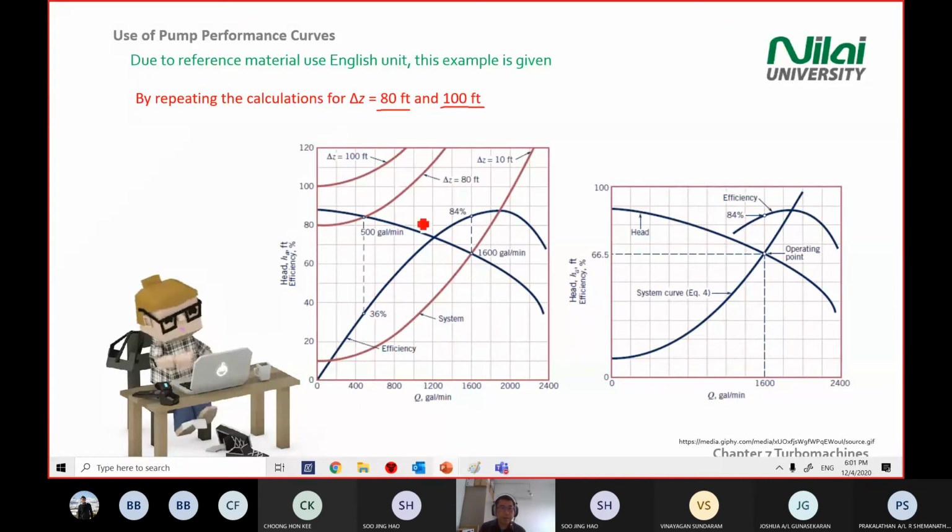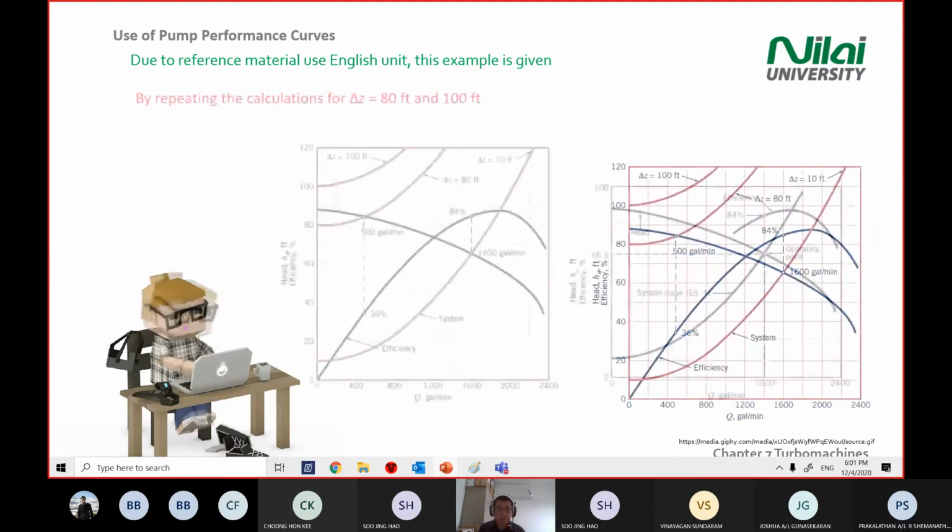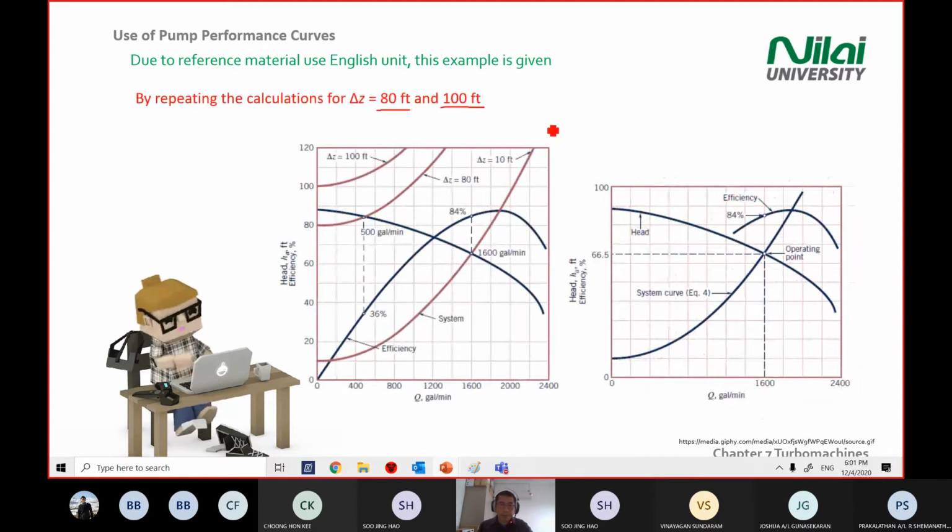Just now, this graph, our HA versus Q squared, is our system curve.